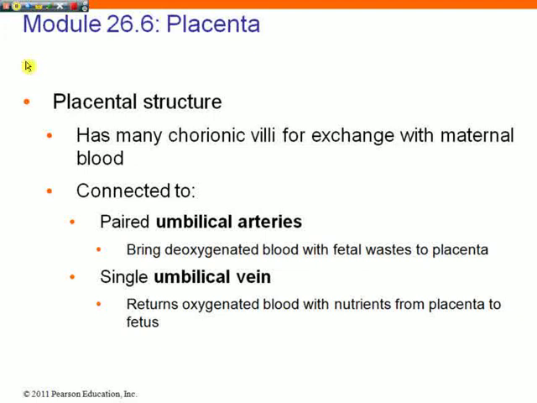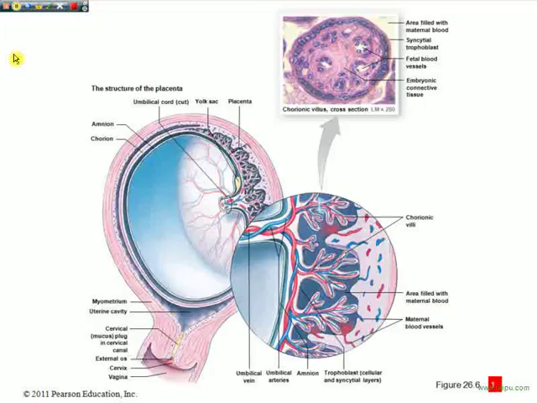The umbilical vein is returning oxygenated blood with nutrients from the placenta to the fetus. So here's a difference from normal circulation in someone that's already been born. Normally, as you know, normally arteries carry oxygenated blood and veins carry deoxygenated blood, but in fetal circulation it's different.